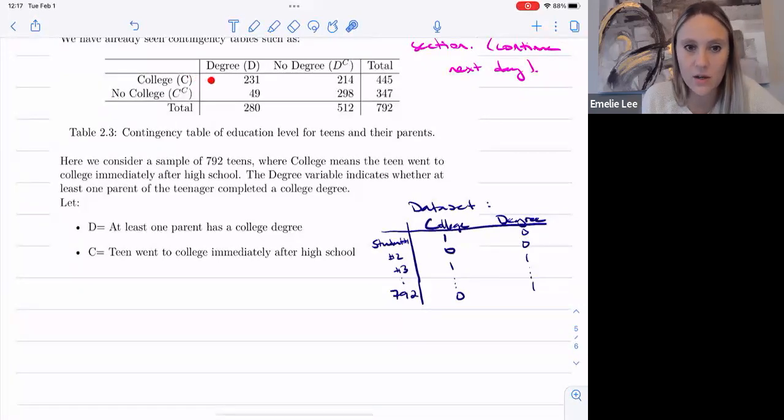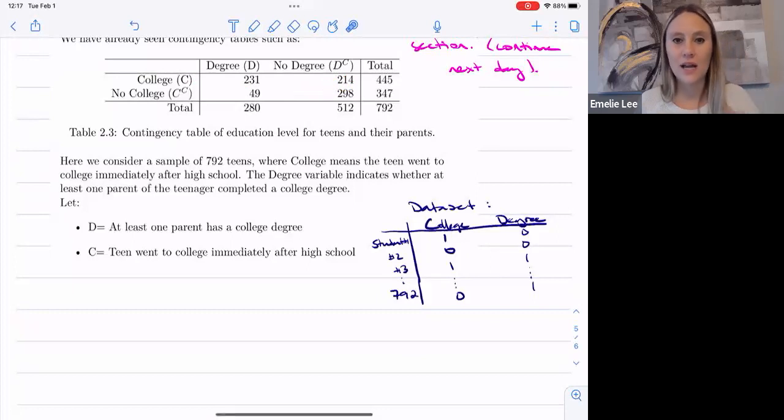So they went to college right away, but none of their parents have a college degree. So they would make up one of these 214 kids, right? And so everyone would be divvied up into one of these 4 groups, based off of these 2 binary variables, right?